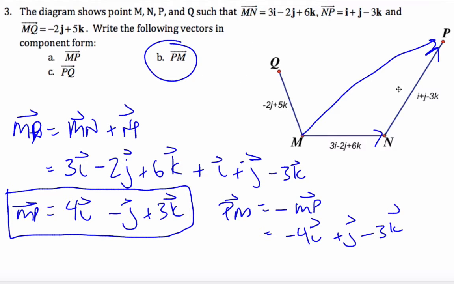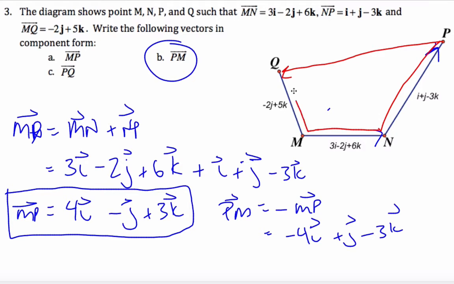And now if I want to go P to Q, well, going P to Q, if I follow the trail, I go to here, to here, to here. Or I could also go straight from P to M and then M to Q, as I've got P to M already.